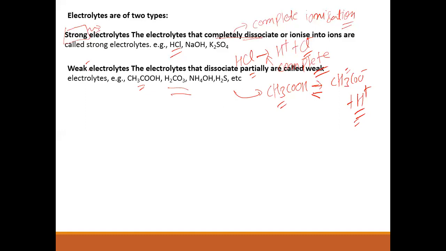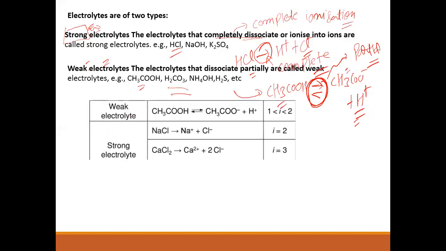So you can easily understand that when these arrows are present, there is partial ionization. If this arrow is present, then complete ionization is present. If complete ionization, the electrolyte is strong. If partial ionization, then the electrolyte is weak.